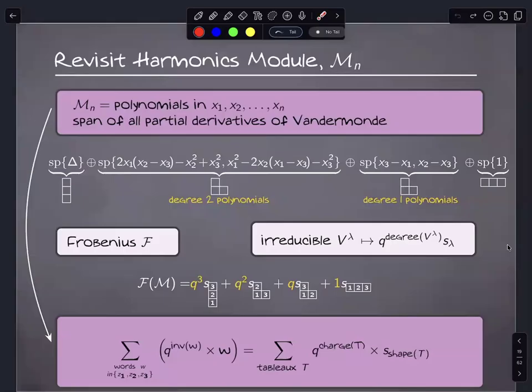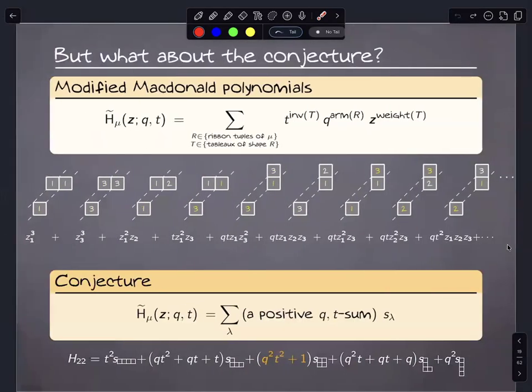So this was sort of like a very, very complete and beautifully well understood picture. The other thing that was understood when the Macdonald polynomials were introduced is that this was a special case. Macdonald polynomials have a Q and T, and the modified Macdonalds, right, they look like this, QT positive sum of Schur functions.